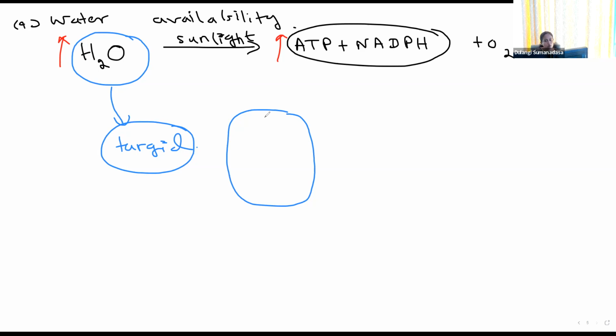So a lot more water is needed by the plant to sustain life than the amount needed for photosynthesis.